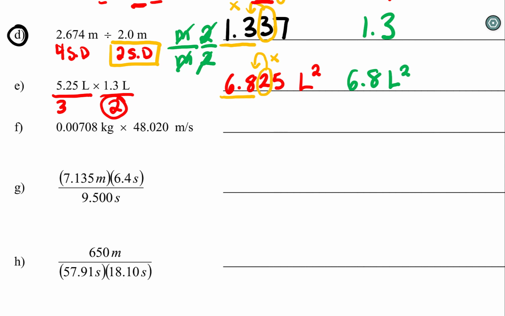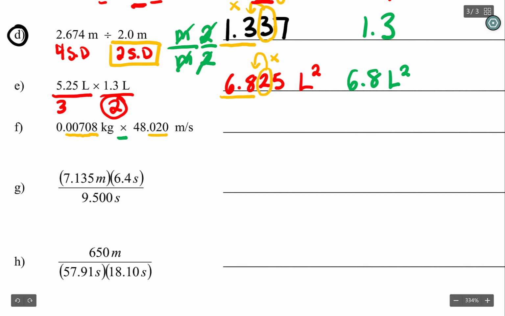All right, for letter F, we are also multiplying. So we look at which number has the least number of digits as a decimal point. This has 1, 2, 3, 4, 5. This has 1, 2, 3 to the 1,000th. So my number has to go to 1,000th.